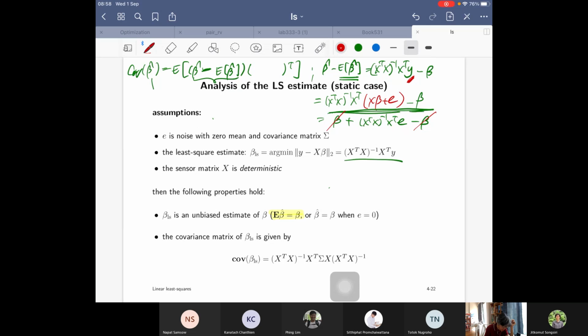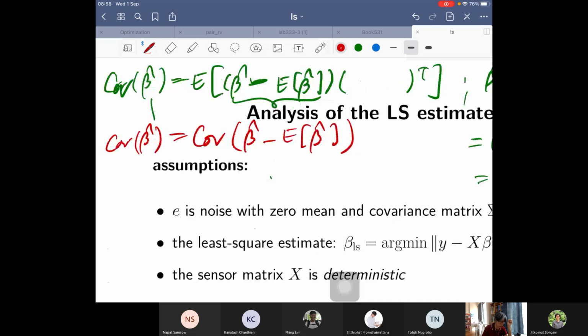Now, when I say the covariance of beta hat, is it the same as the covariance of beta hat minus e beta hat? Are they the same, left and right? I calculate the covariance of this quantity, the left-hand side, versus the covariance of beta hat after the mean was removed.